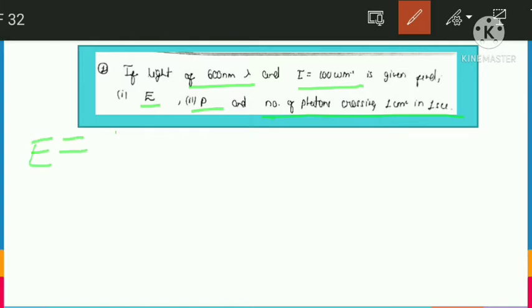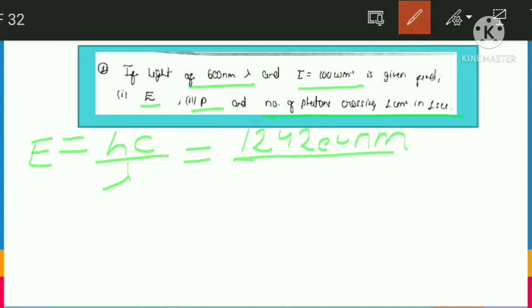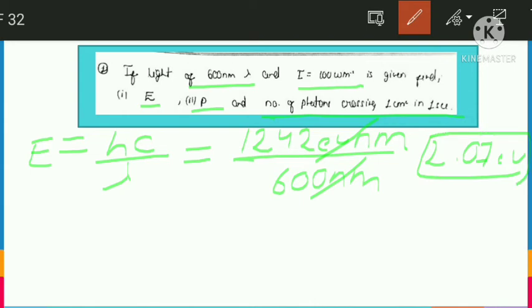E equals hc by lambda, and the value of hc is 1242 electron volt nanometer upon lambda 600 nanometer. Solving this we get 2.07 electron volt. This is our first answer, the energy of each photon. Remember my word, each photon. I will use this in an upcoming topic.